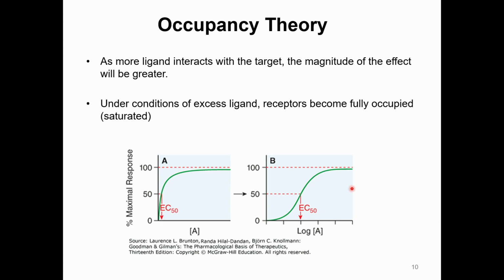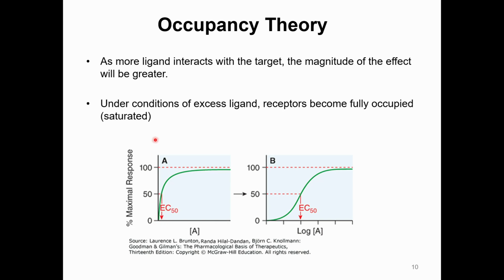And once again, as more ligand interacts with the target, the magnitude of the cellular effect will presumably be greater. So let's look at that in an experiment. Here we have on the x-axis increasing amount of drug. We can think of it as increasing concentration of drug, going from left to right.